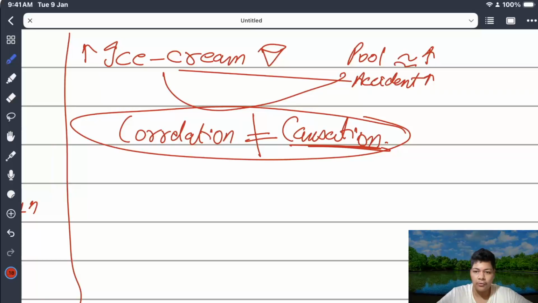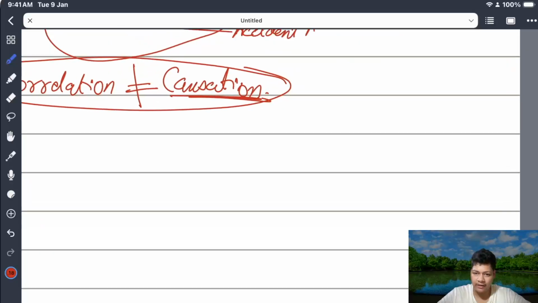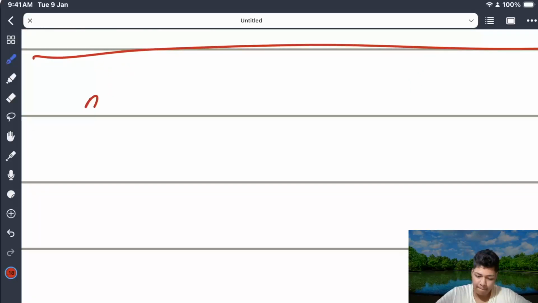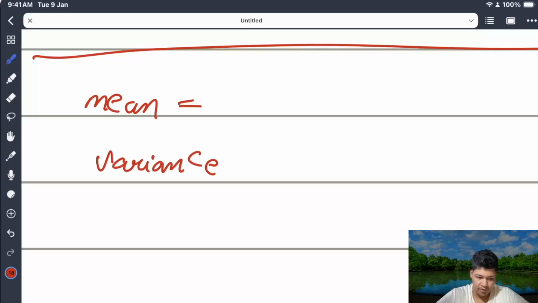Now the simple mathematical terms, which we will need in econometrics. What is the mean? What is the variance? And what is standard deviation?